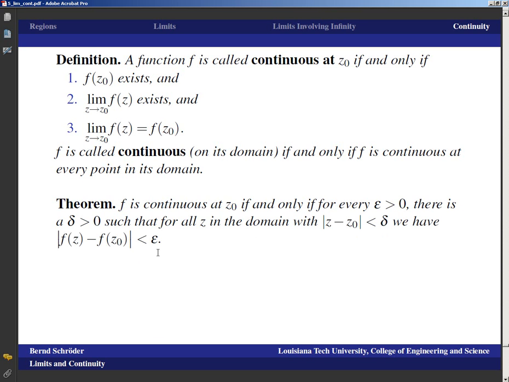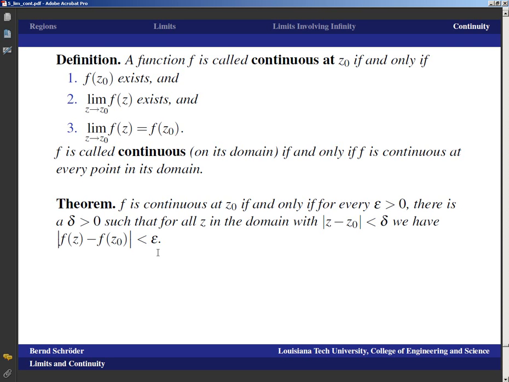So continuity can also be encoded in terms of epsilon and delta, and that's good because sometimes we really have to get technical with continuity.